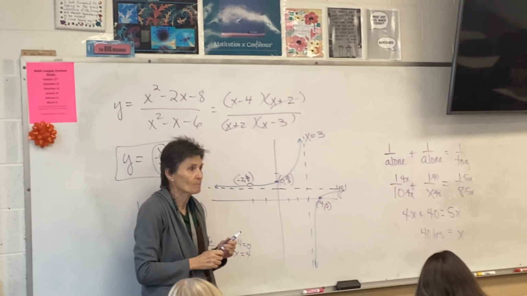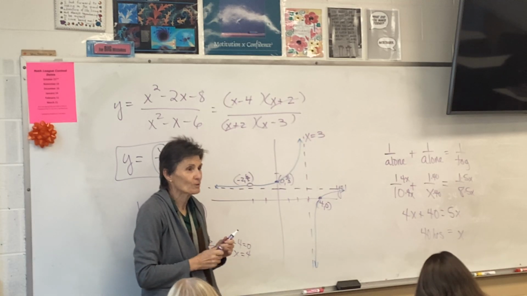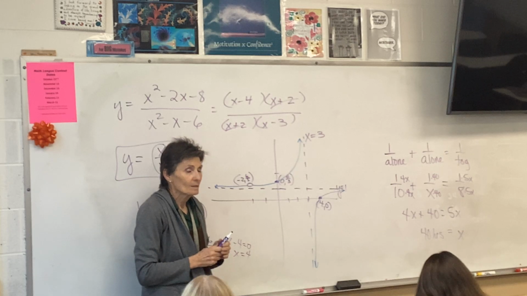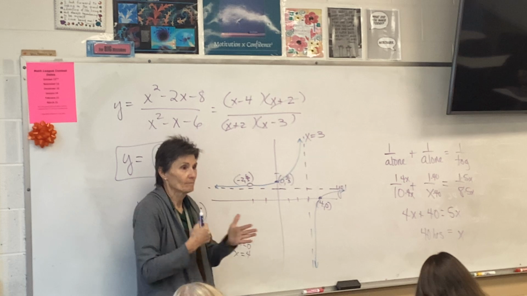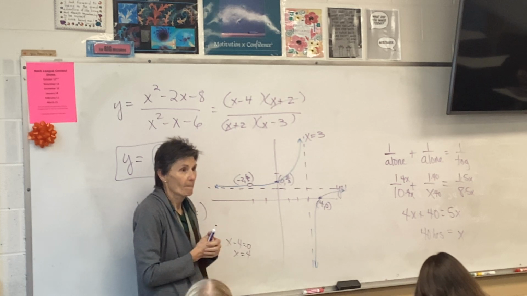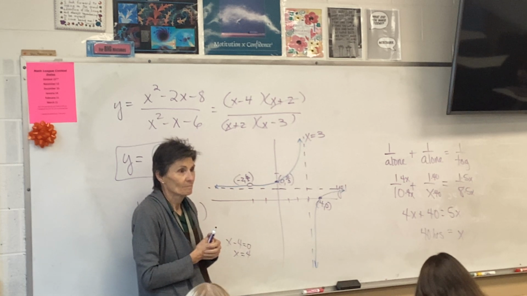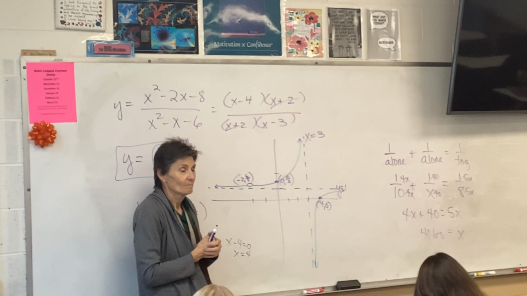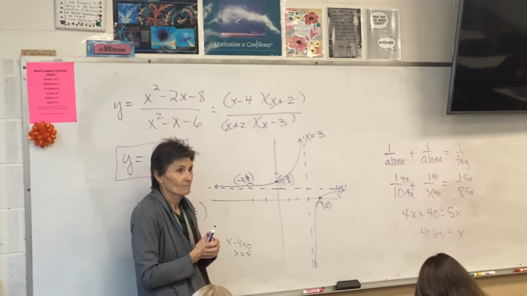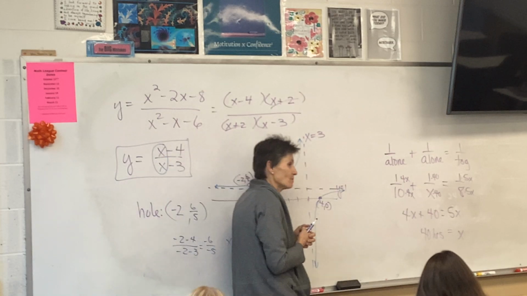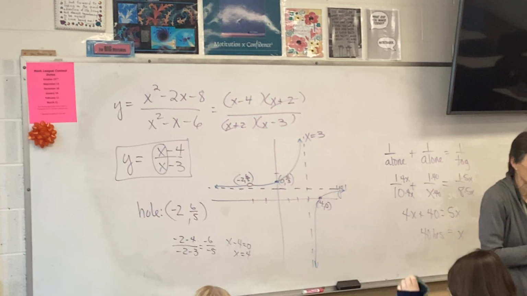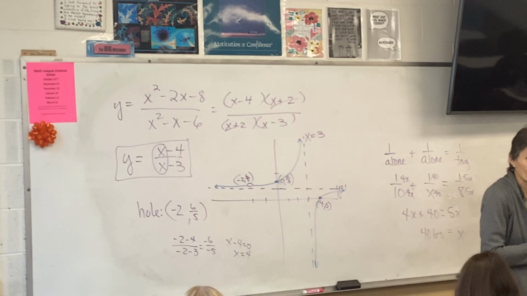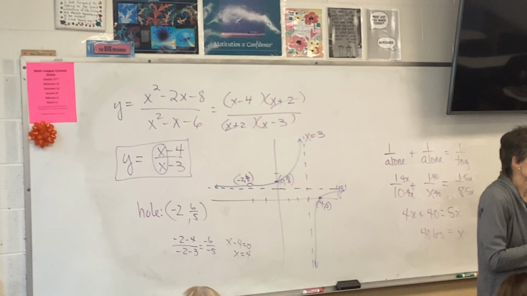Vertical asymptotes come from the denominator. Leo, how do I get an x-intercept? You make the numerator 0? Yes, you make the numerator 0, right? You don't plug in anything. You make the numerator 0. How do I get my horizontal asymptote?